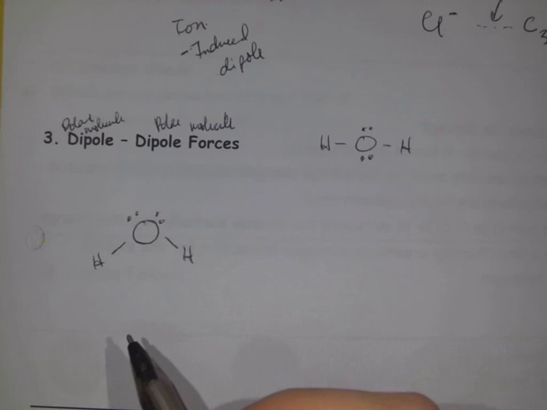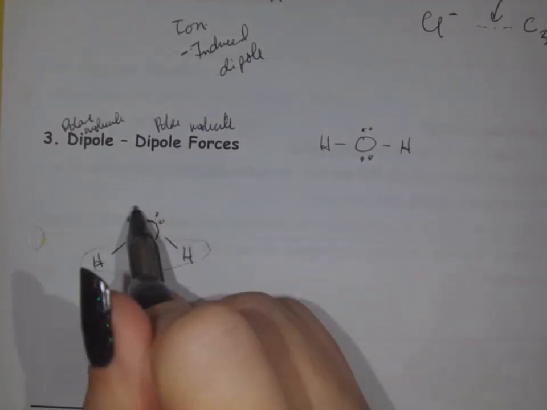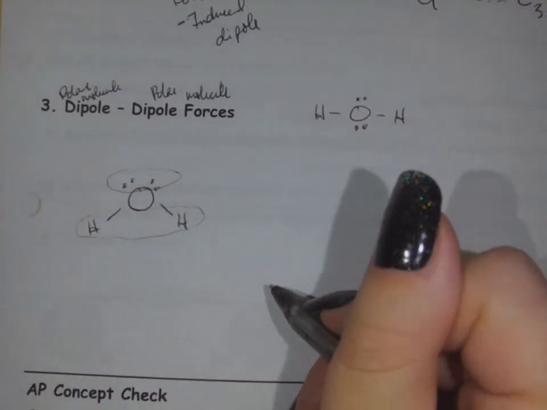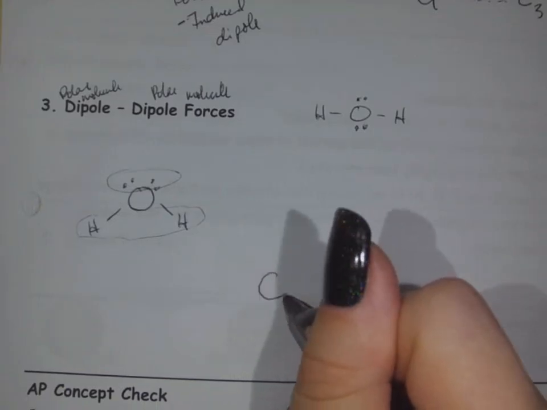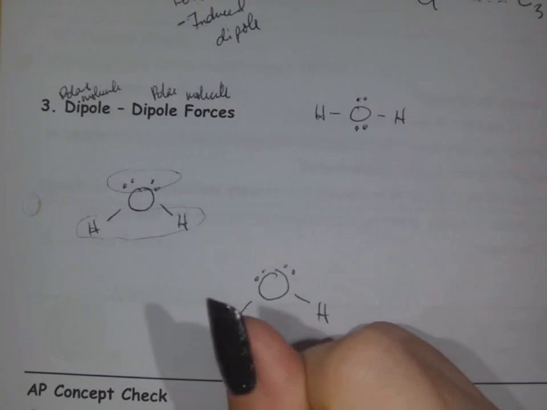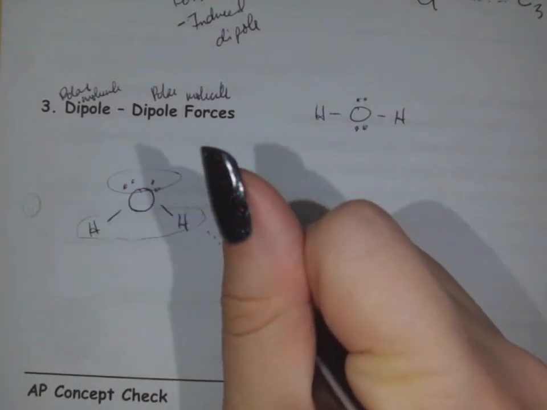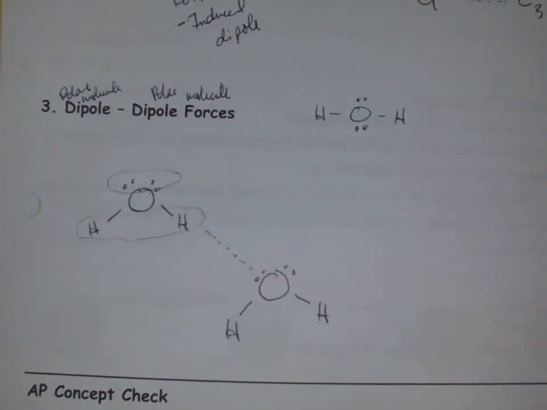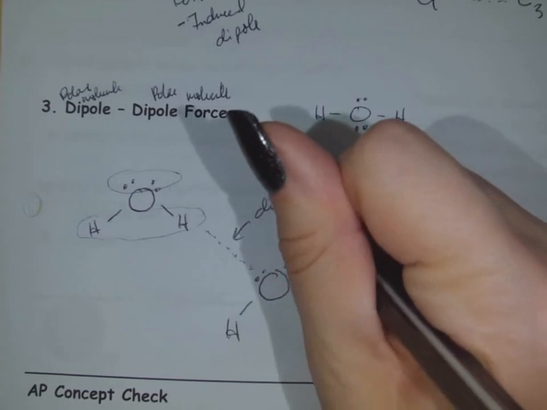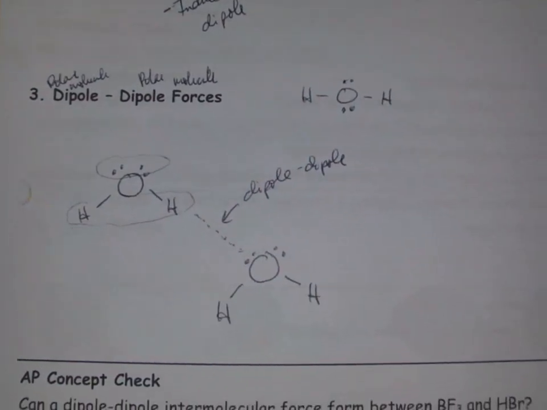Okay? So if I have this water molecule, and remember, this is my positive region and that's my negative region, it will have an attraction to another water molecule, another polar molecule, and the positive end will attract to the negative end. Okay? This is a dipole IMF, right?